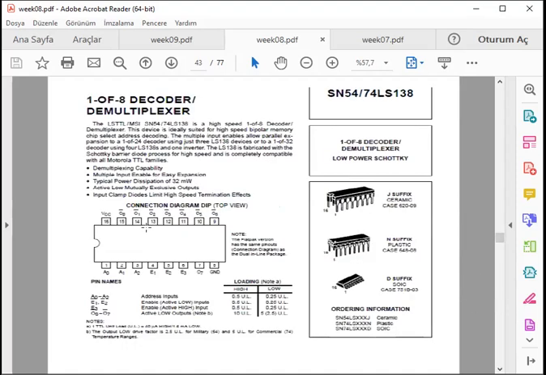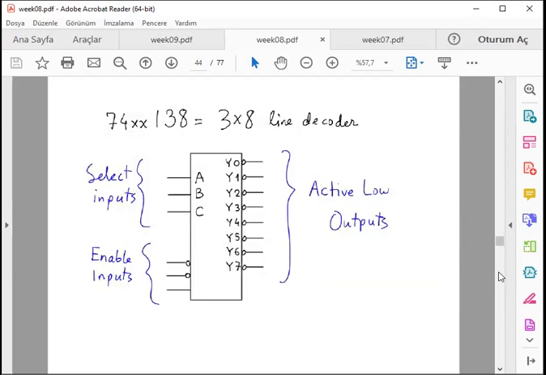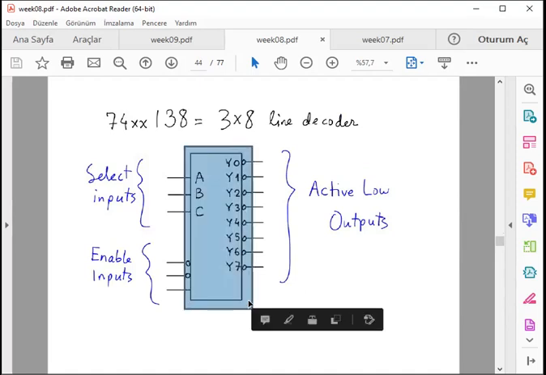So this is a medium scale integrated circuit with a couple of dozens of gates, etc., with a 16 pin package, and its representation is again straightforward with a rectangle.